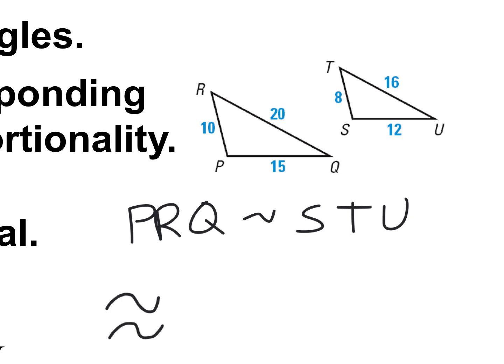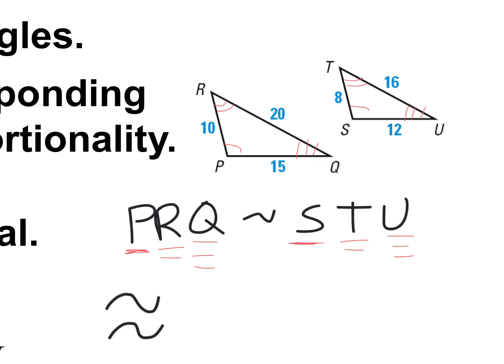So if I look at the statement, angle P is congruent to what angle? S. Good. What about angle R? T. Angle Q? U. Yep. Or you can tell by the diagram what is what. The other thing we have to compare is sides.